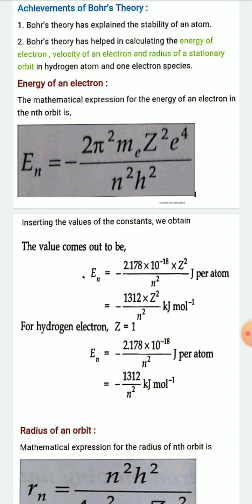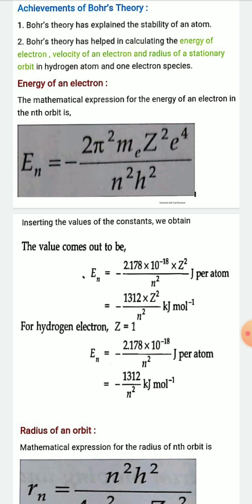But in kilojoule per mole, the energy expression becomes En is equal to minus 1312 z square by n square in kilojoule per mole unit. Now for hydrogen atom, you have to put the value of Z is equal to 1 because atomic number of hydrogen is 1.